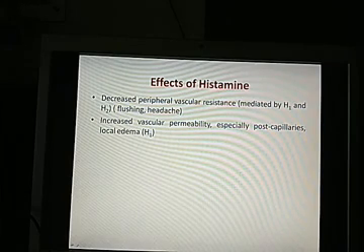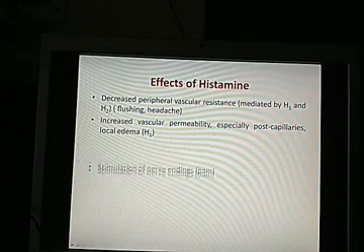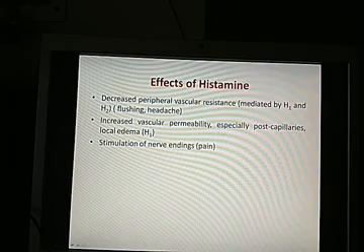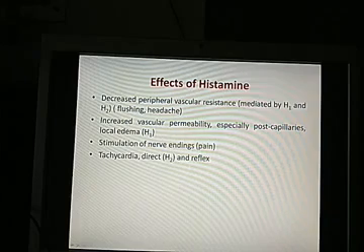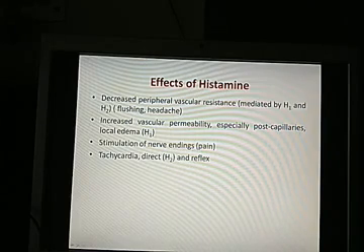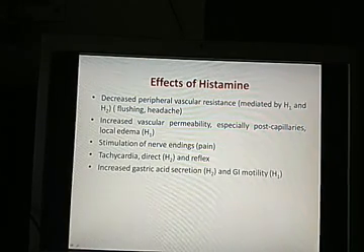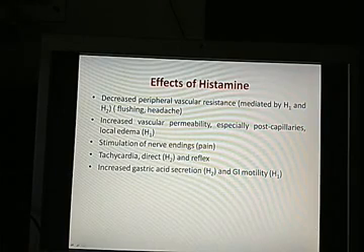H1 is the receptor involved. Stimulation of nerve endings results in pain. Tachycardia is the direct H2 and a reflex action. Increased gastric acid secretion is because of histamine H2 receptors, and GI motility increases because of the H1 receptor.